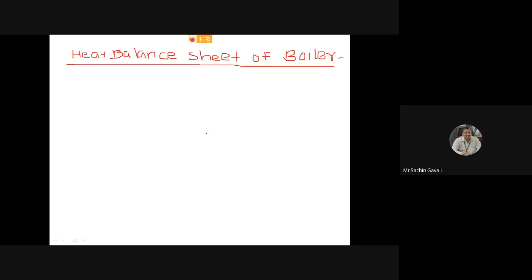Next line. The sample of a heat balance sheet on 1 kg of fuel basis is given below.